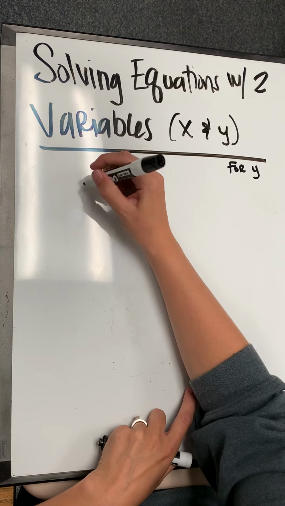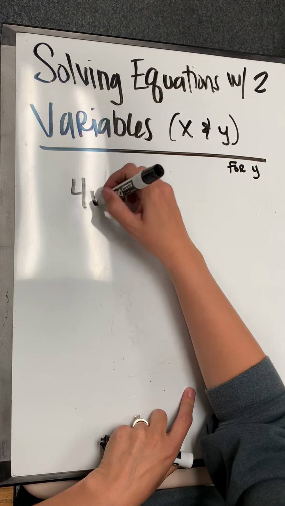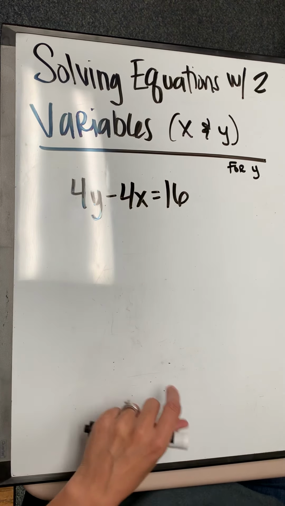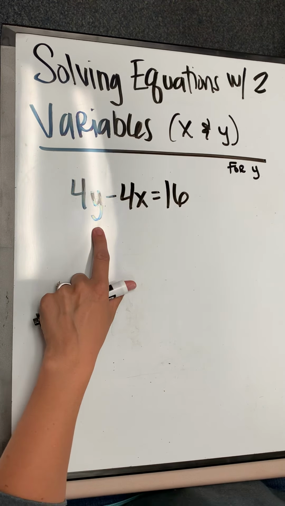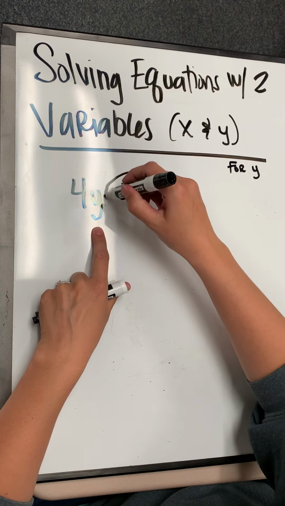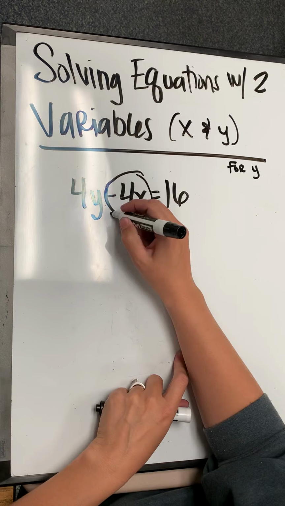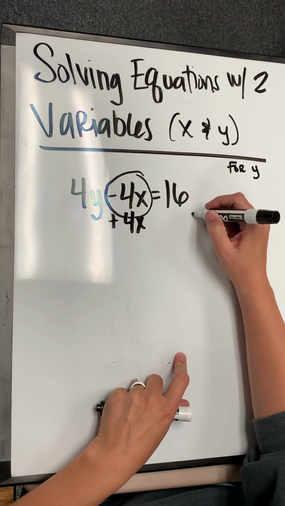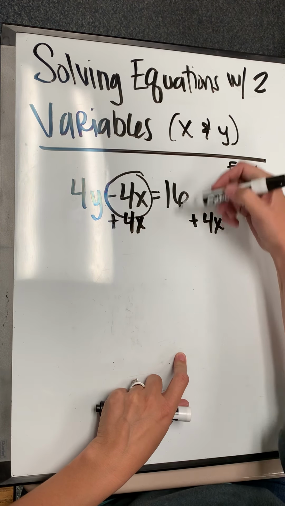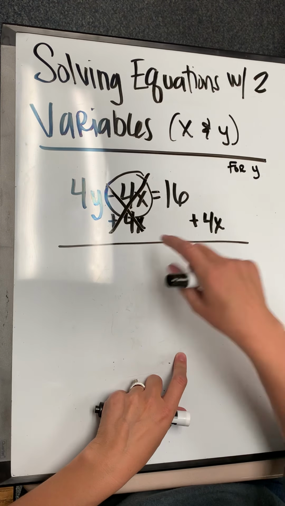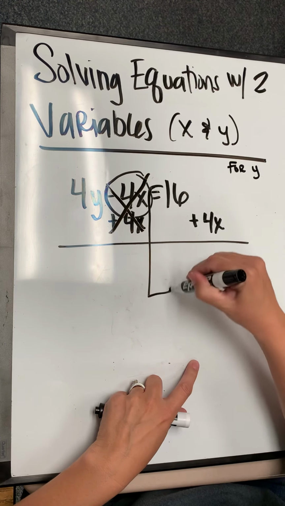When we have something like 4y minus 4x is equal to 16, because I'm trying to solve for y, I have to get rid of that other term that's with it. In this case, we're subtracting 4x. So I will add 4x to both sides. Because it's not like terms, I can't combine them. It gets rid of it on this side of the equal sign.